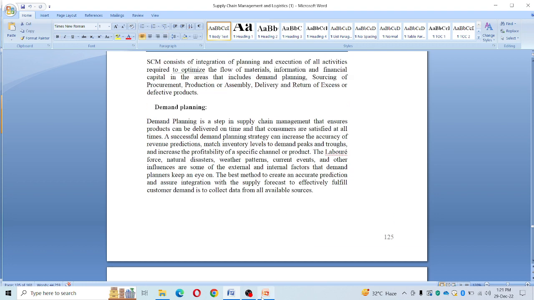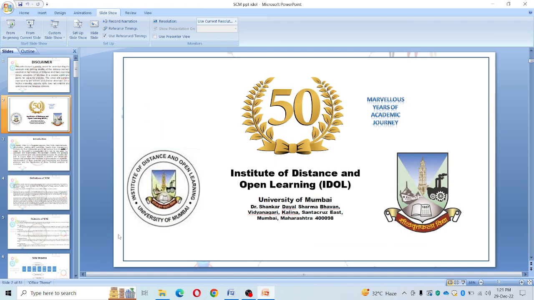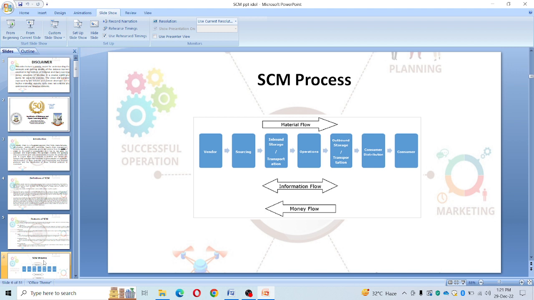Now, in PPT, while discussing the upstream and downstream supply chain management process, we have always seen that supply chain management is involving material flow from one side, information flow from both the sides, and money flow from consumer to manufacturer.